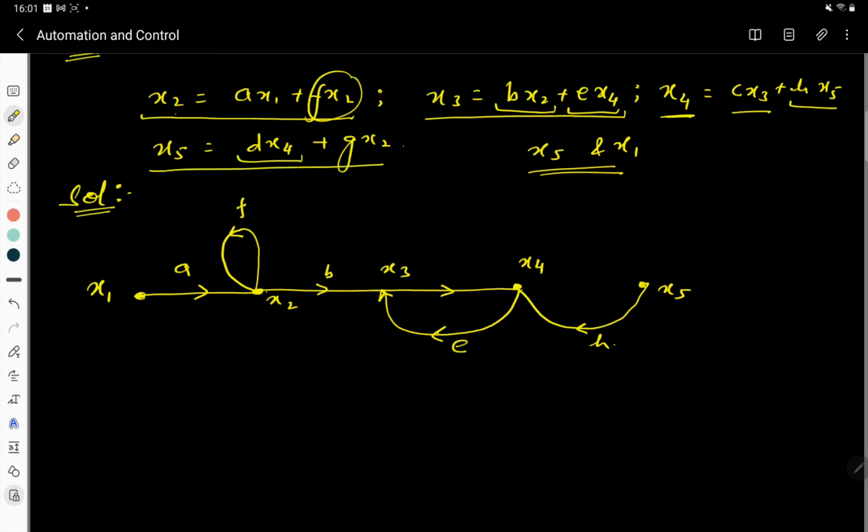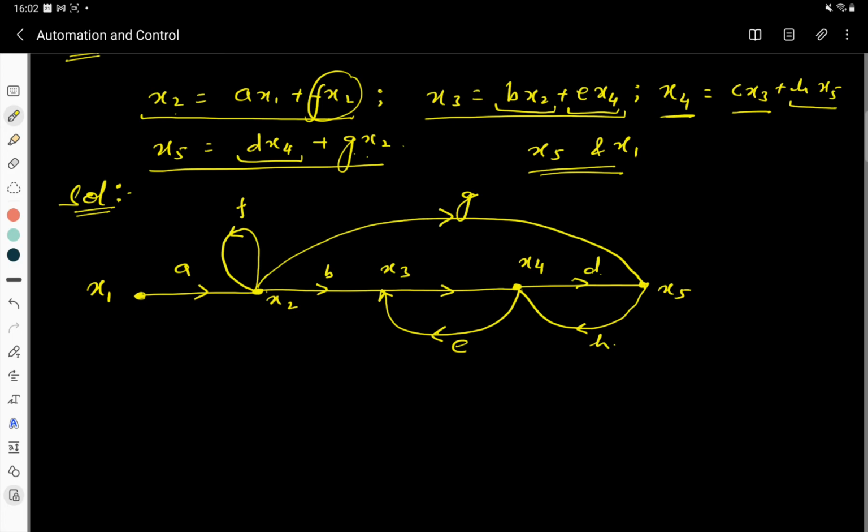From x4 to x5 the transmittance is simply d, and the transmittance g is coming from x2. All right, so this is the signal flow graph of the equations given above.